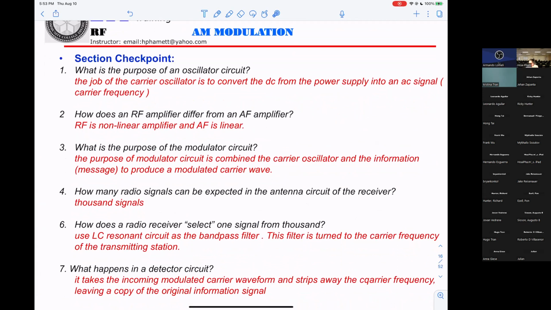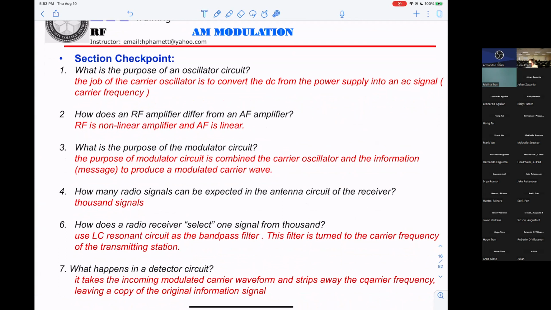Section 6 point. What is the purpose of an oscillator circuit? The job of the carrier oscillator is to convert DC from the power supply into an AC carrier frequency.